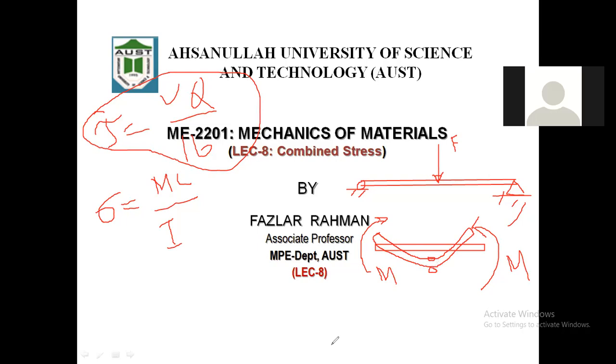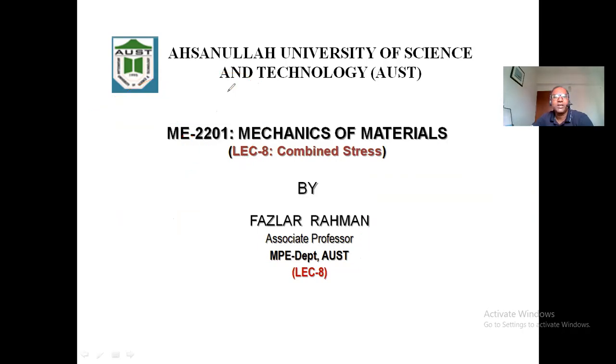Now, how are compression and tension actually coming? If I explain in another way, you have a beam, now there is a bending moment M. This bending moment M, I can replace by two forces.